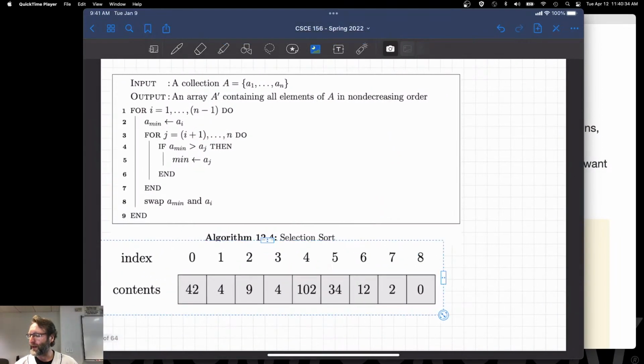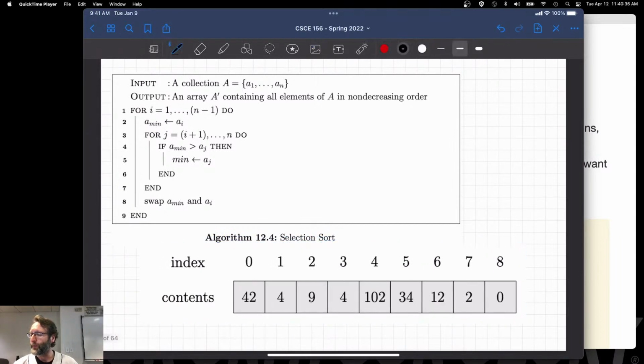So let's look at an example here, at least on the first iteration. All right. It's going to go through and put the minimum element here at the front. It's going to have to go through and find the minimum element first. So one comparison, 2, 3, 4, 5, 6, 7, 8, 9 to find the minimum element. Then what is it going to do? It's going to take that minimum element and swap it over here so that this is 0 and this is now 42.